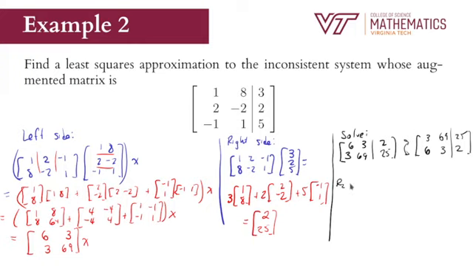And then I'll take row 2 minus 2 times row 1. All right, so 6 minus 6 is 0. 3 minus 138 is negative 135, and 2 minus 50 is negative 48.